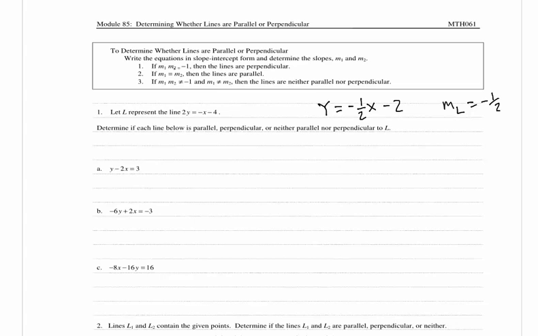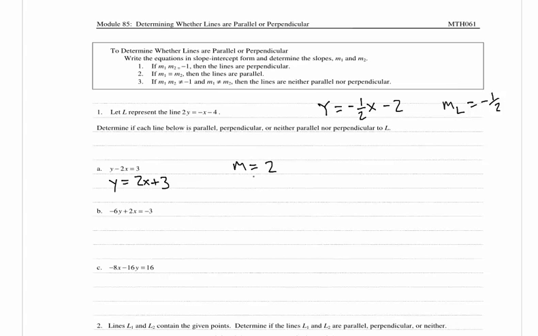And in A, we have y minus 2x is equal to 3. So in order to get this in slope-intercept form, I'm going to add 2x to both sides, and I get y is equal to 2x plus 3, which means that m is equal to 2. And the slope of this line and the slope of line L aren't the same.